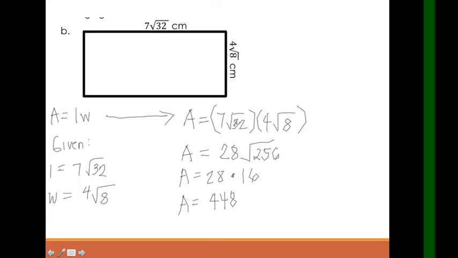Okay? So again, we multiply 7 times 4 is 28. I am right, aren't I? Then 32 times 8 is 256. And the square root of 256 is 16. Then we multiply 16 and 28 and we got 448. The unit we used is centimeter, so that is square centimeter for the final answer.